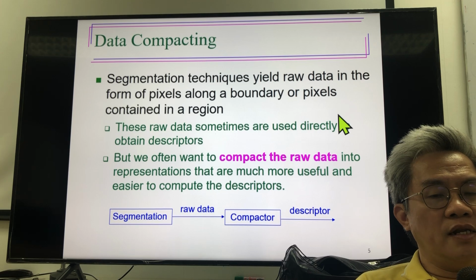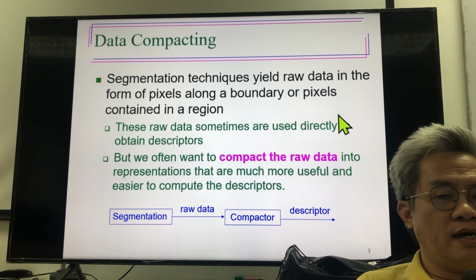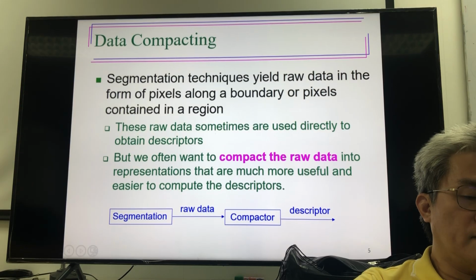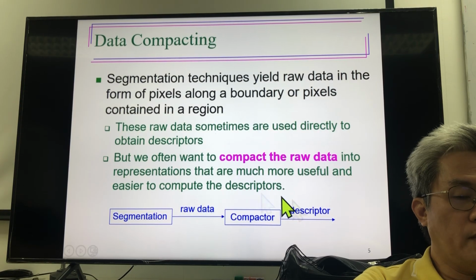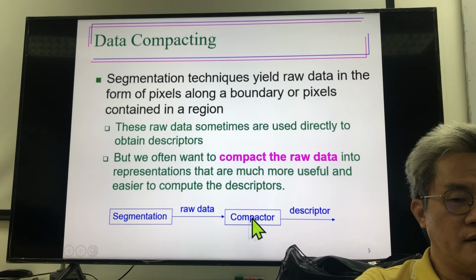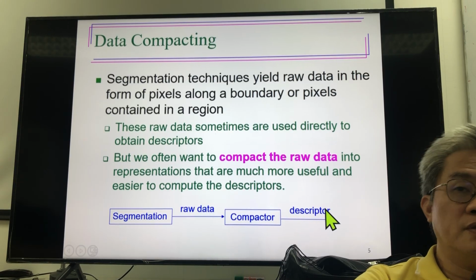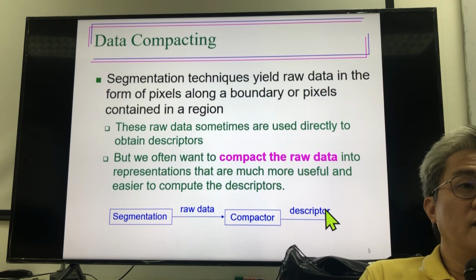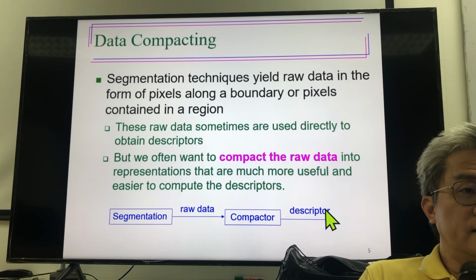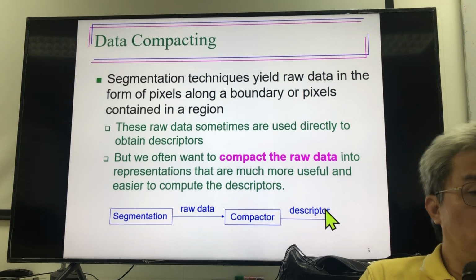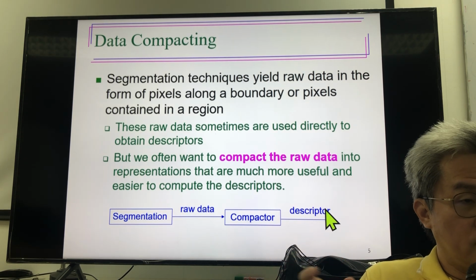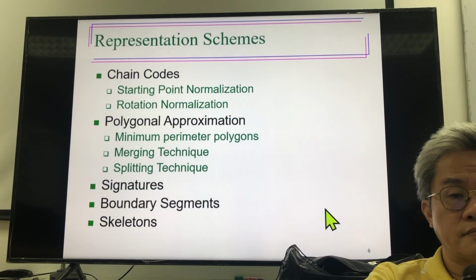We want to compact the raw data into a representation that is more useful and easier to compute. So after the segmentation, we need representations, the data is compacted, and you get the descriptor. This descriptor, we usually call the features of the object. Different objects may be characterized by a set of features, usually a lot less than the raw data itself.